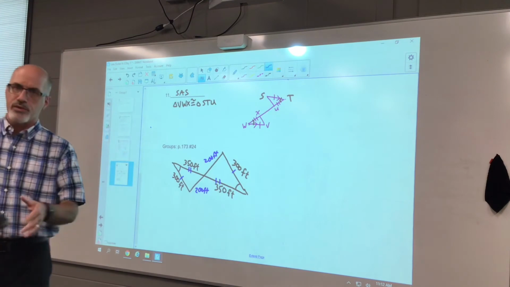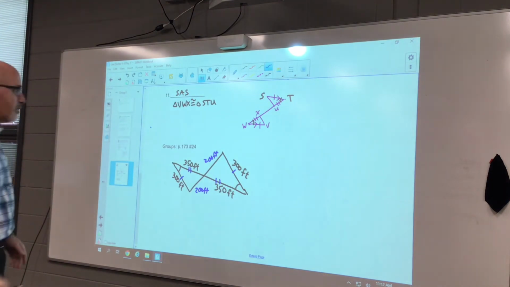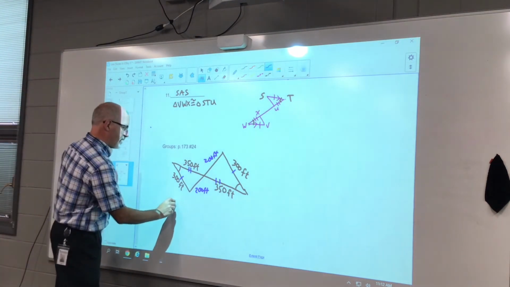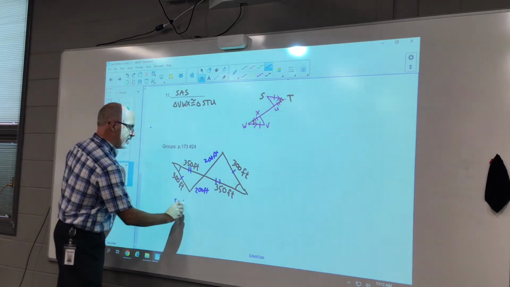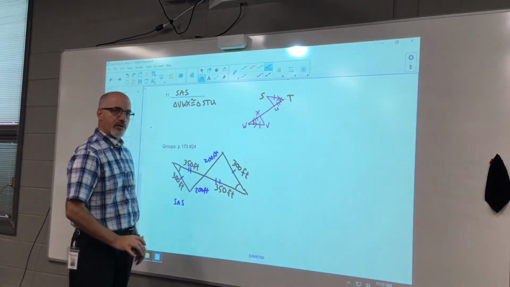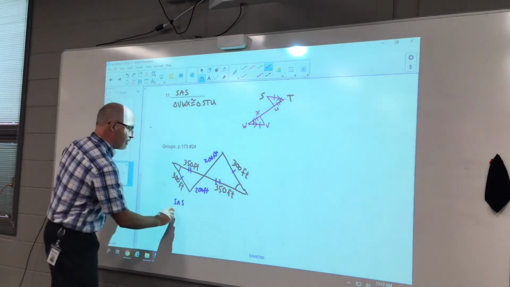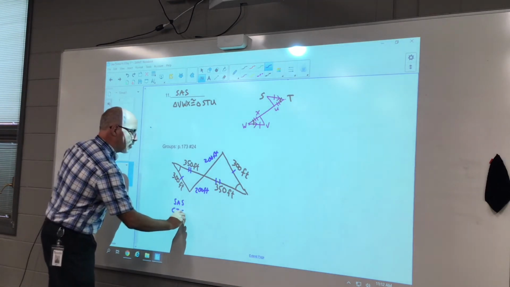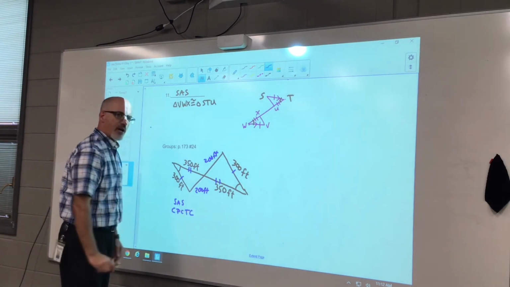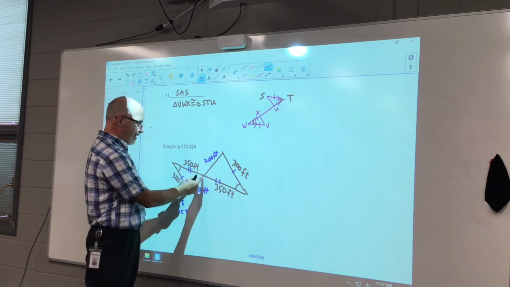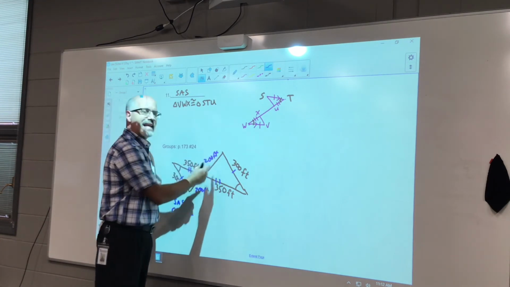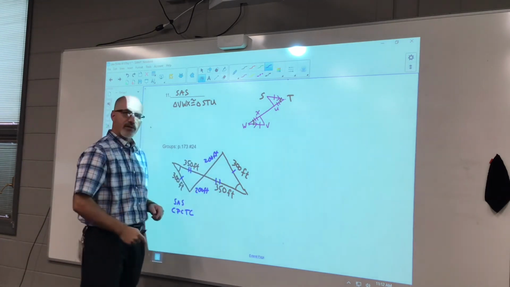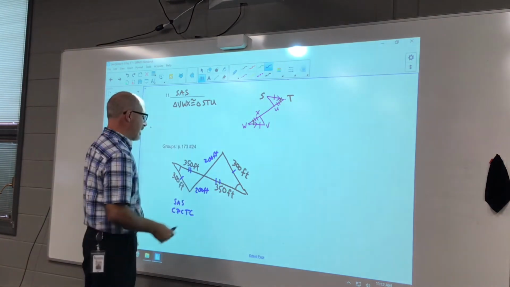Now what we've used so far is our reasoning is side, angle, side, means that the triangles are congruent. And then we used CPCTC, corresponding parts of congruent triangles are congruent, to say if this is 200, then that has to be 200 because the triangles are congruent. And now we're just going to add them all up.